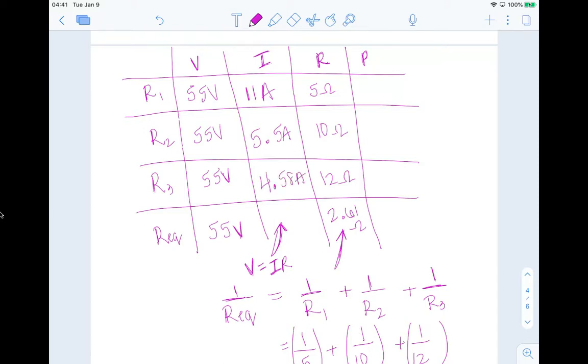Solving for our total, we end up with 21.07 amperes.